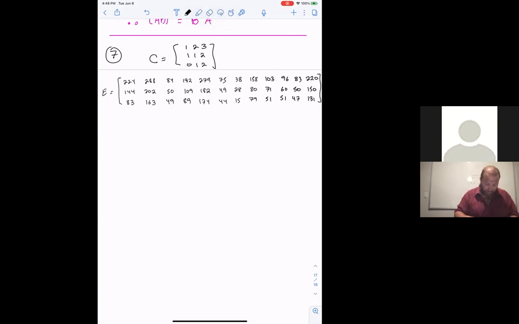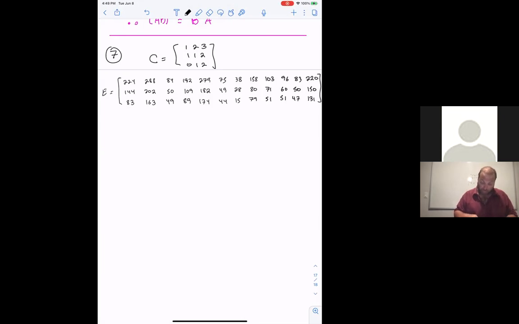Okay, so calculator time. First, second matrix, edit. First one, 3 by 3: 1, 2, 3, 1, 1, 2, 0, 1, 2. Whew, okay, second matrix, edit. This is a 3 by 12: 1, 2, 3, 4, 5, 6, 7, 8, 9, 10, 11, 12. My calculator can handle it. 224.